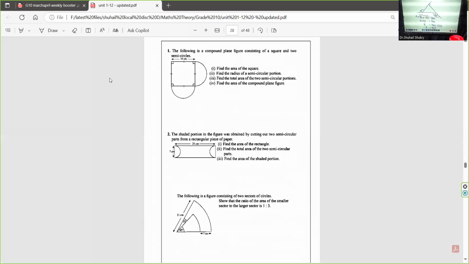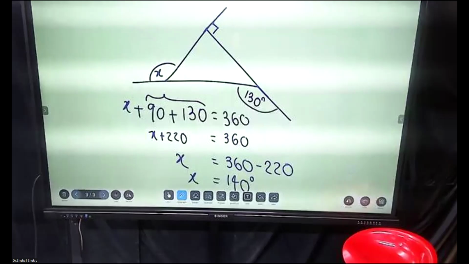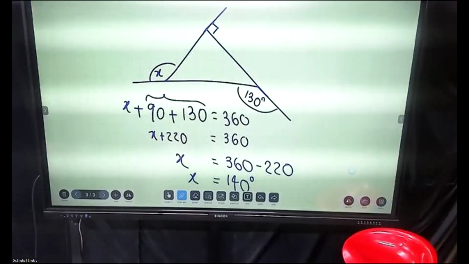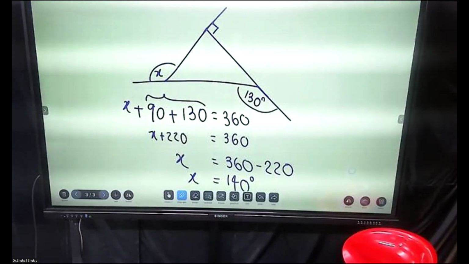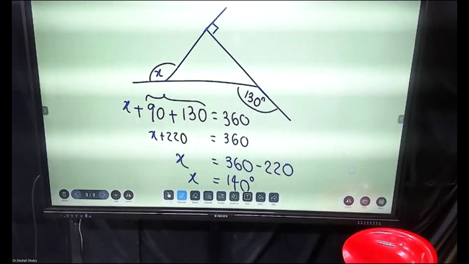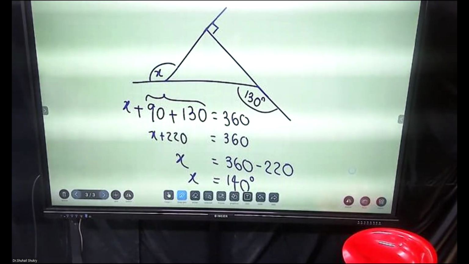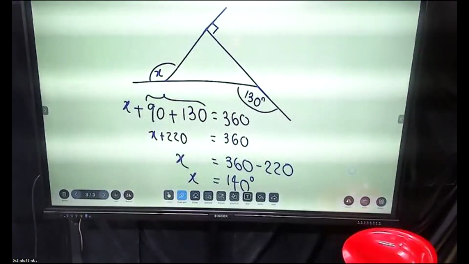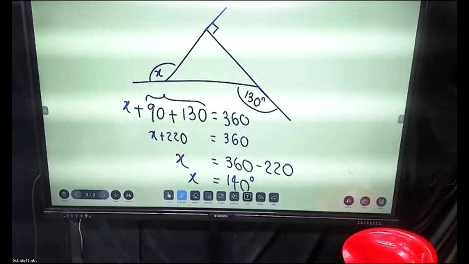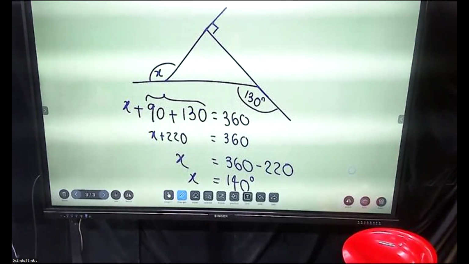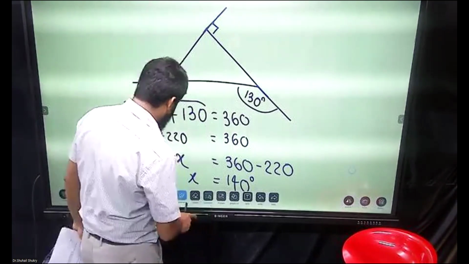Now let's start discussing these questions. Page 28 again. Carefully listen. I will go a bit fast, but you will understand. That lesson you should carefully, properly concentrate and do this work.